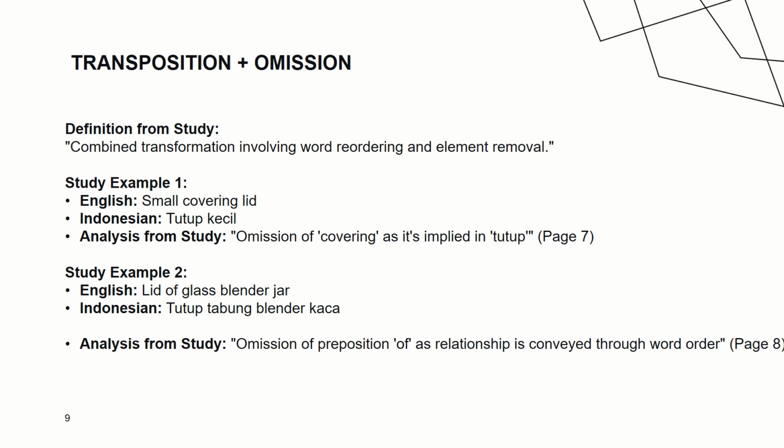Here, covering is omitted because it is implied in the word tutup, which means lid. Lid of glass blender jar becomes tutup tabung blender kaca. The preposition of is omitted as the relation is conveyed through word order.